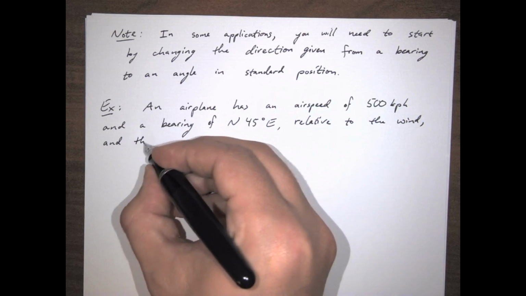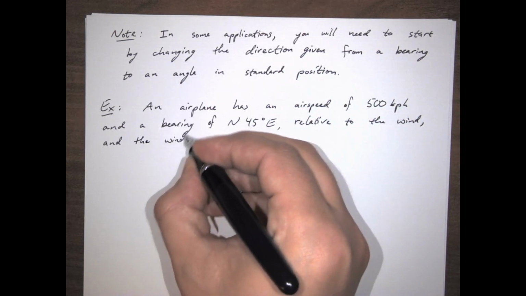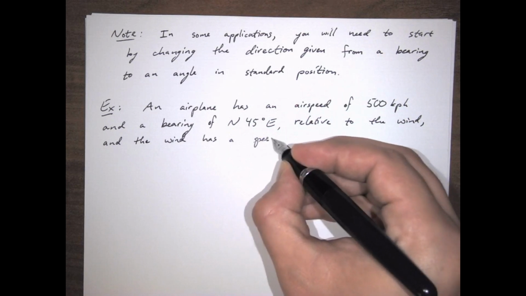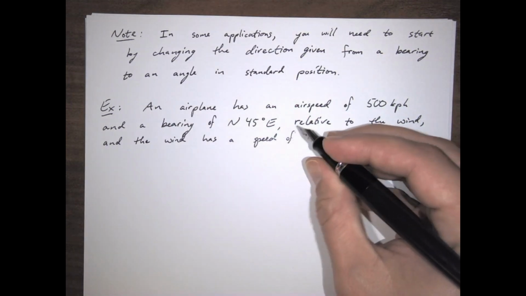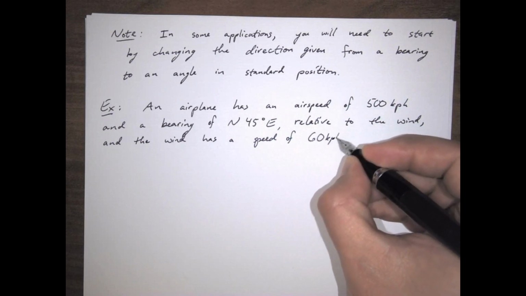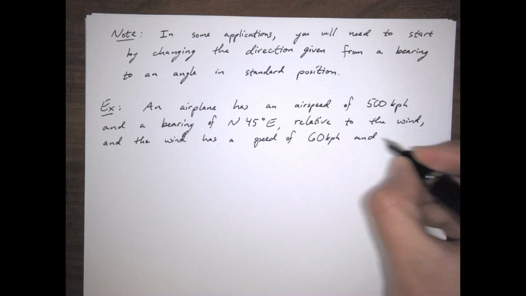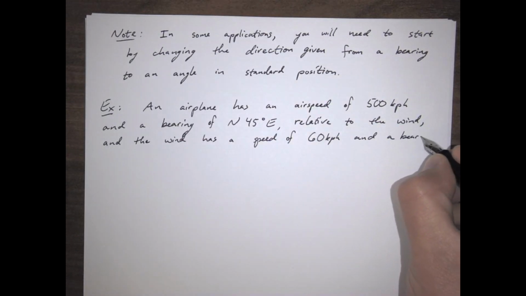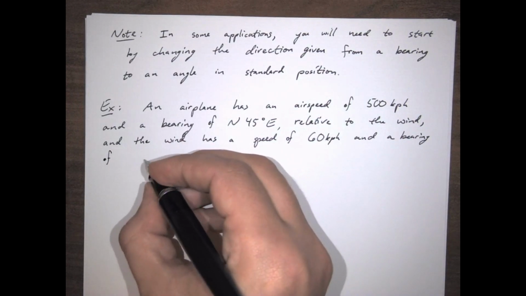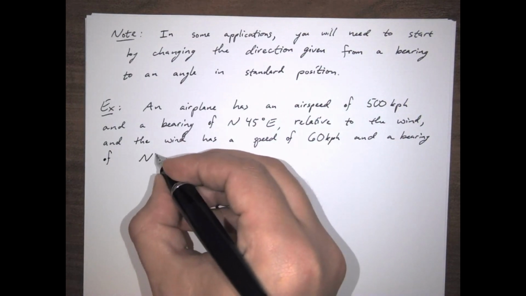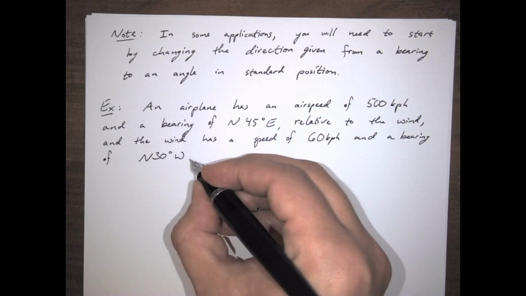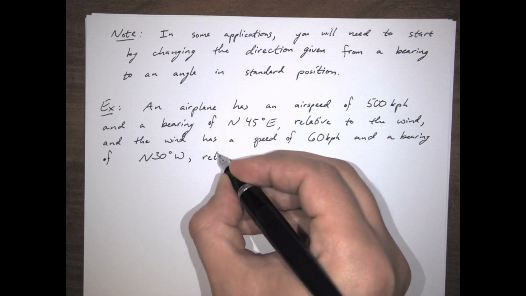And the wind has a speed of 60 kilometers per hour and a bearing of north 30 degrees west relative to the ground.